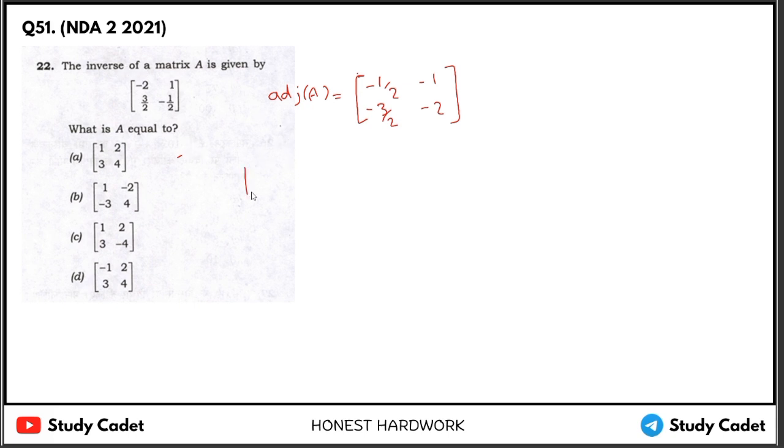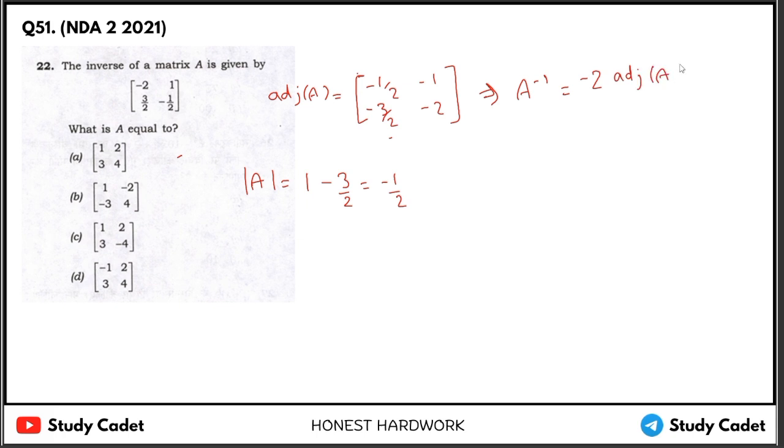So the determinant of A is 2, that is 1 minus 3 upon 2, so it is minus 1 by 2, right? For the inverse, we need to divide this by minus 1 upon 2, so we need to multiply the adjoint of A with minus 2.